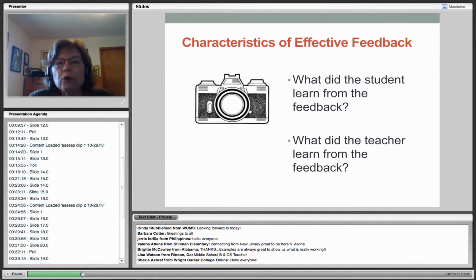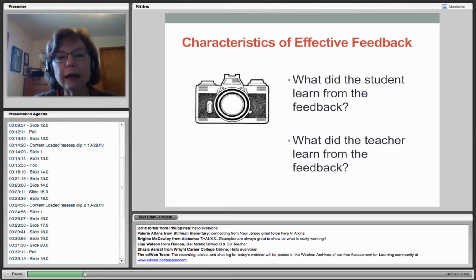But another thing, you could say all the right words, the most wonderful, effectively written bits of feedback, or you could say the most wonderful things. If the student, for some reason, doesn't learn anything, it's not going to be effective feedback. And if you didn't learn something about what the student is thinking, it's not effective feedback. This is a tricky one.